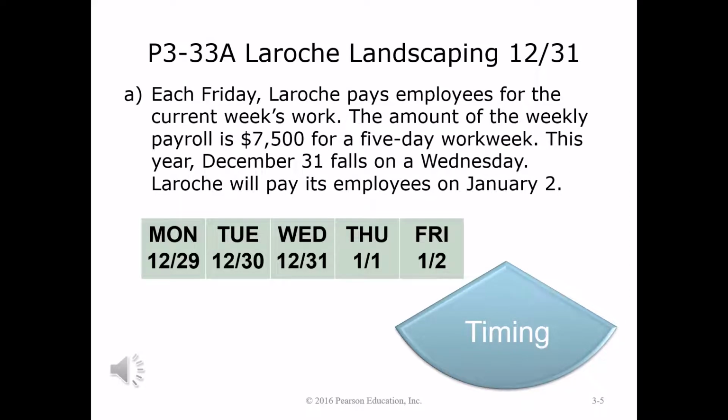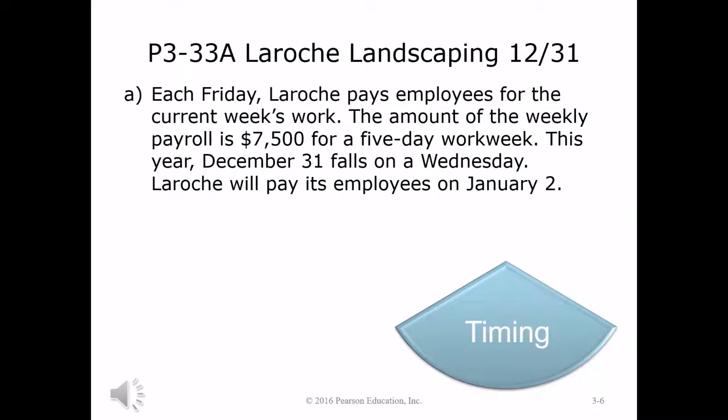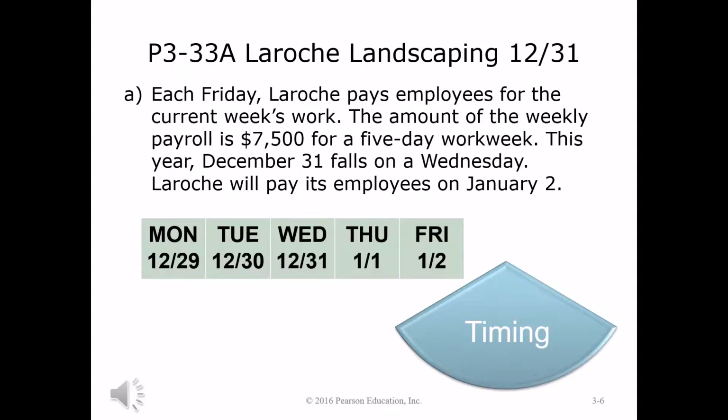They're going to be paid in January. If we paid this $7,500 in January and didn't make an adjusting journal entry, then our December salary expense would not reflect the correct amount for December, and our January would not reflect the correct amount for January. We need to accrue some salary expense to cover Monday, Tuesday, and Wednesday in December.